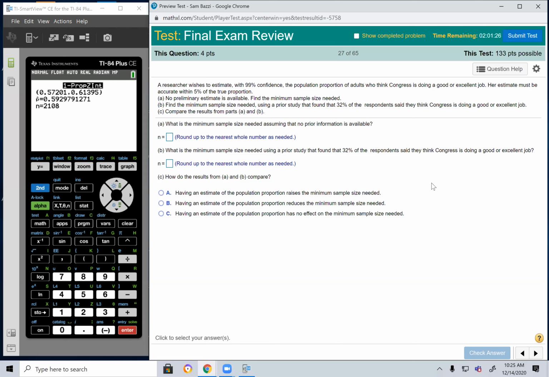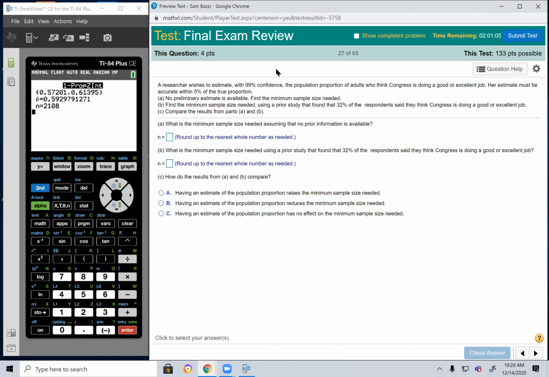A researcher wishes to estimate with 99% confidence the population proportion of adults who think Congress is doing a good or excellent job. Her estimate must be accurate within 5% of the true population. Okay, how do you estimate the sample size N? Here's the formula.